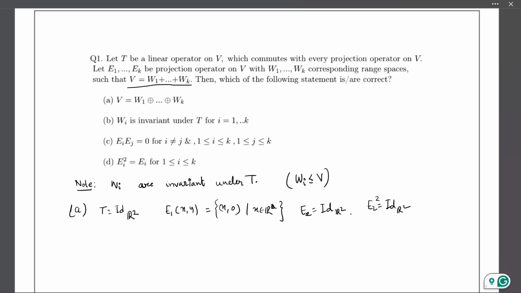And E1 squared of (x, y) is nothing but E1 of E1(x, y), which is E1 of (x, 0), and this becomes (x, 0) itself, just focusing on the first coordinate. So E1 squared is also a projection. E1 and E2 are projections.